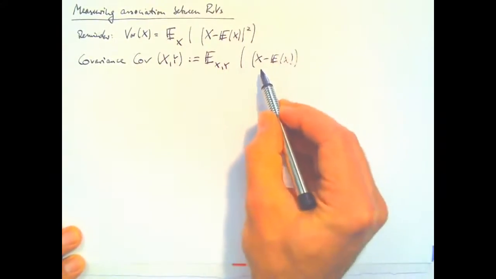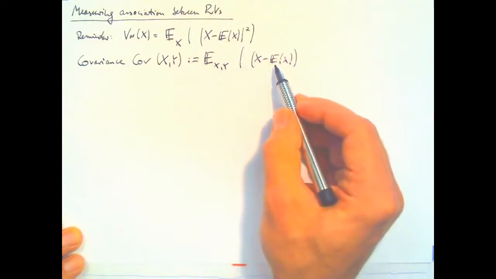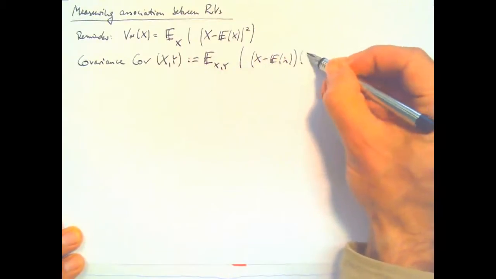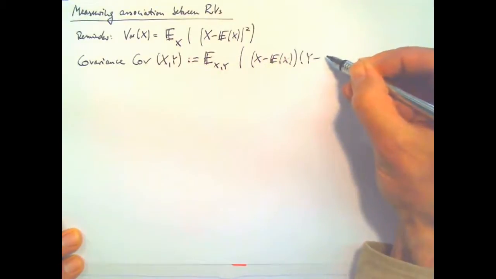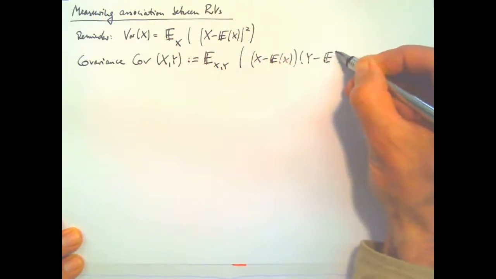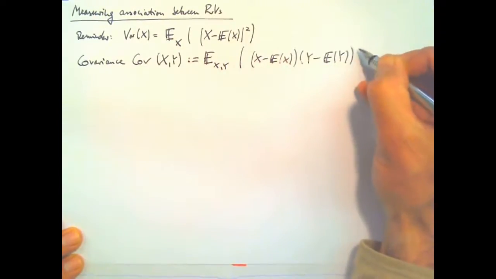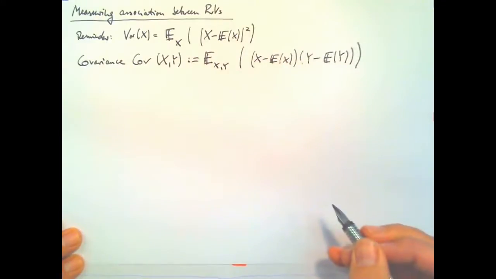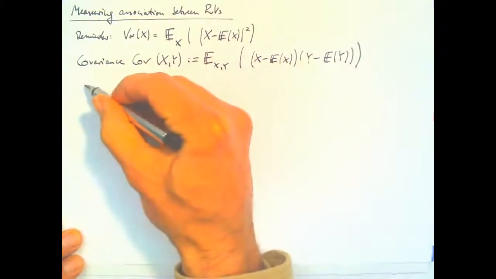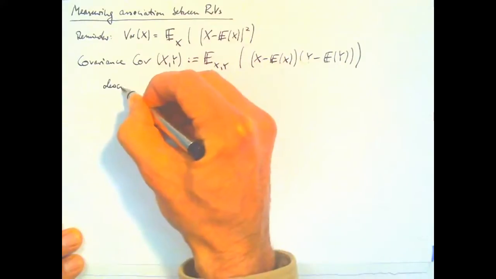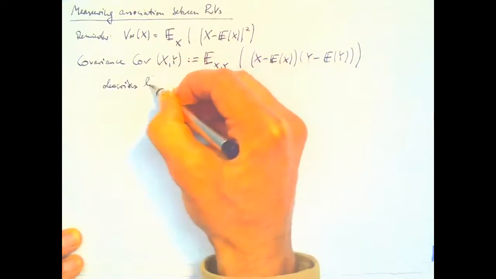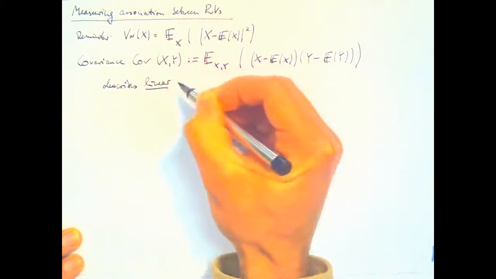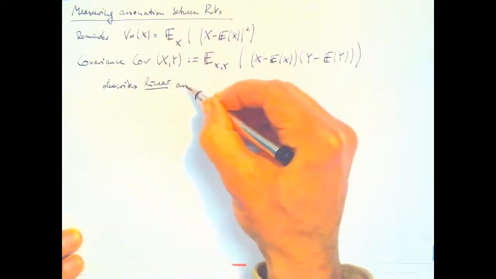So you look at the deviation of x from its expectation, and you multiply this with the deviation of y from its expectation. And altogether, this covariance describes the linear and only the linear association between random variables.